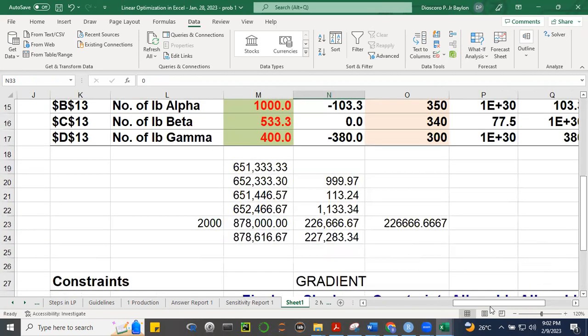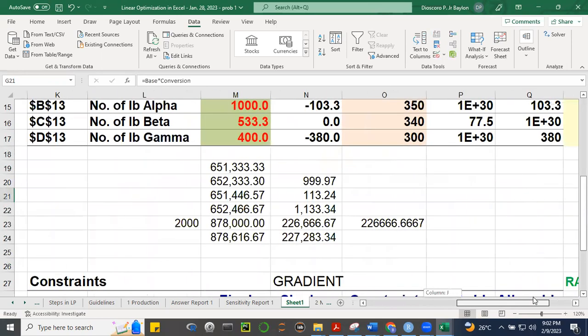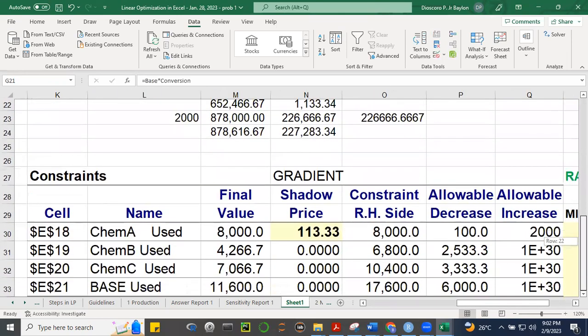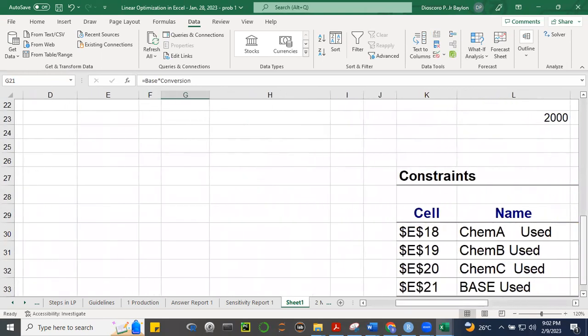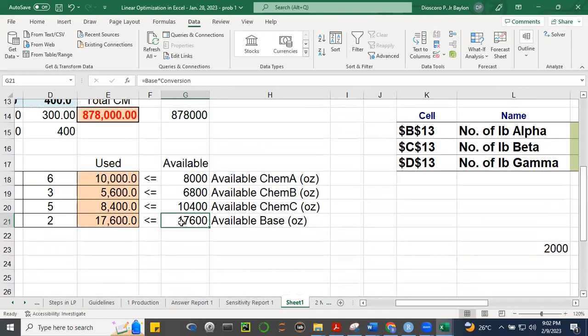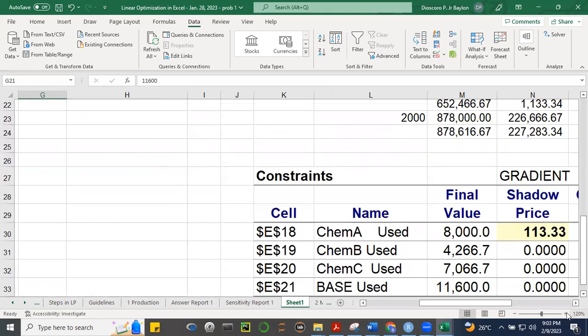Alright, ibalik natin sa original. So ito dapat 8,000 pa rin to. Okay, remember ceteris paribus, 1 at a time lang. No? Ito gawin natin, ano yung minimum niya? The minimum is 11,600. So gawin natin tong 11,600. Okay, ang question, pagbabaan natin si base ng 11,600, anong effect niyan? The shadow price will be 0. It will be the same.